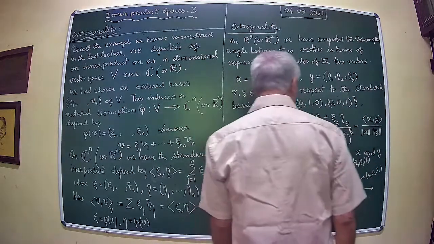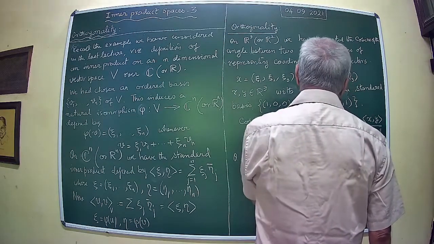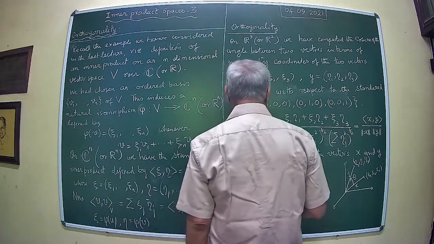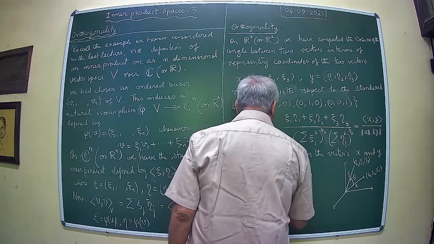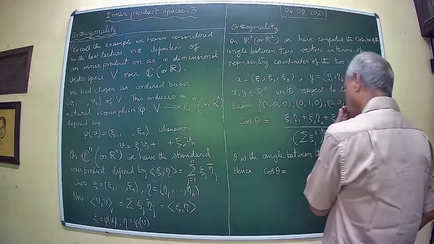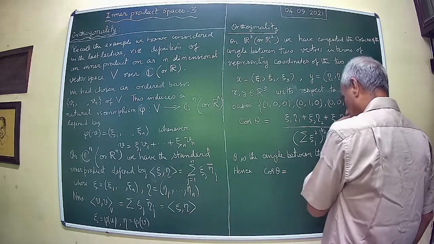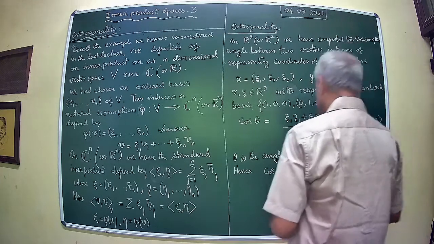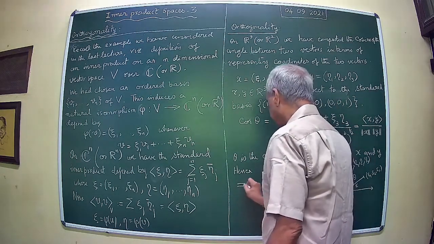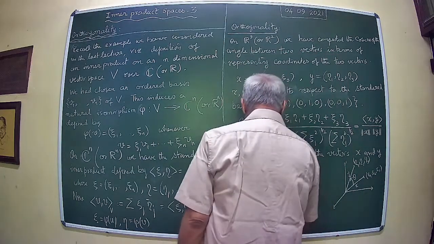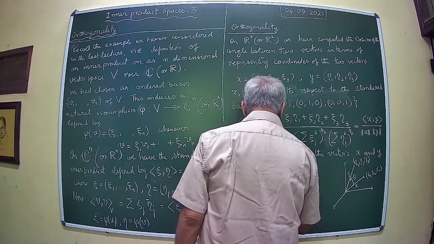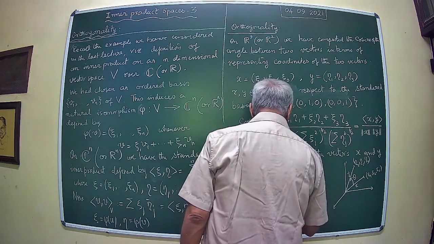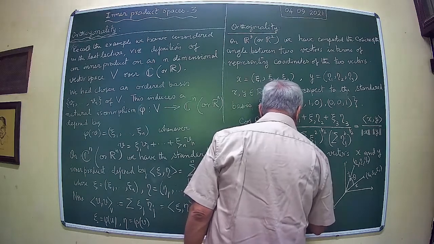Okay. Therefore, we observe that this is equal to zero if and only if this is equal to 0.